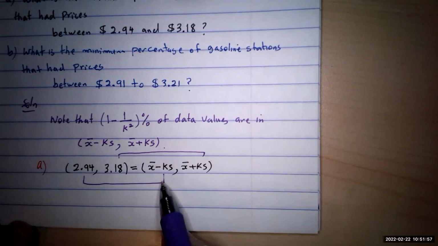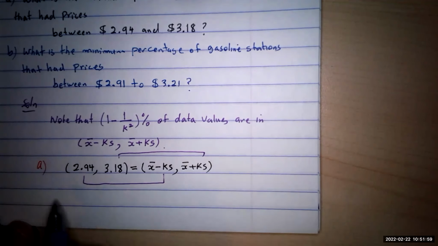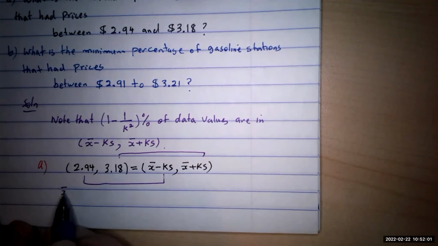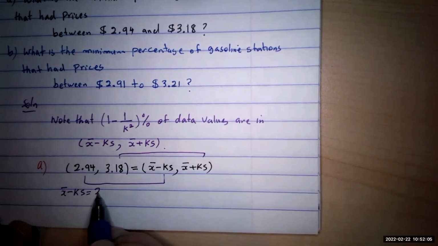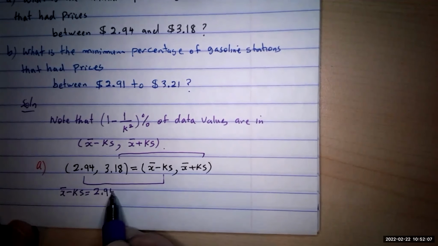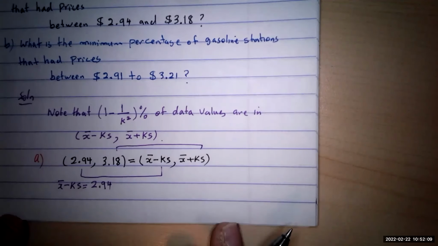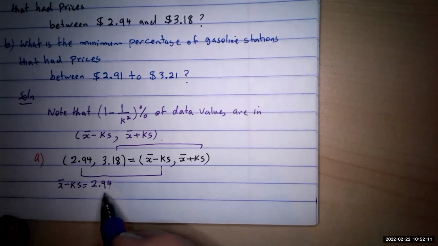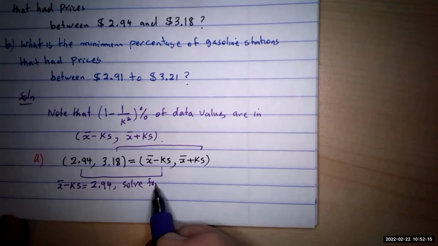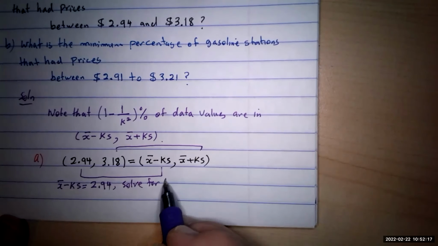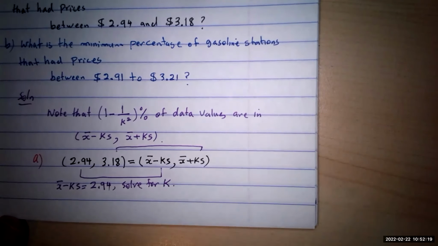I usually go with the first one, so I let X bar minus K times S be equal to the smaller number. If you don't like it, you can do the other one. Then solve for K.